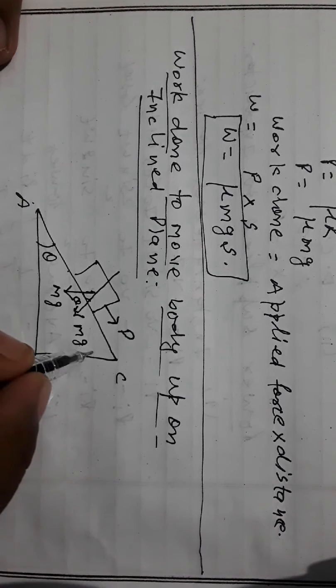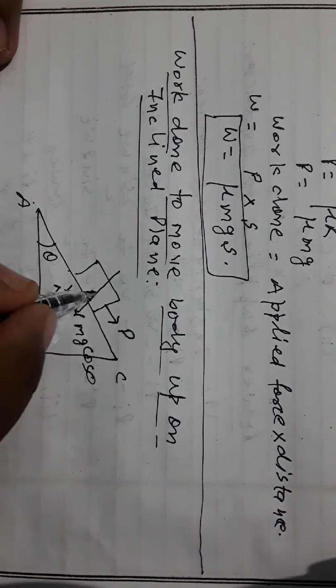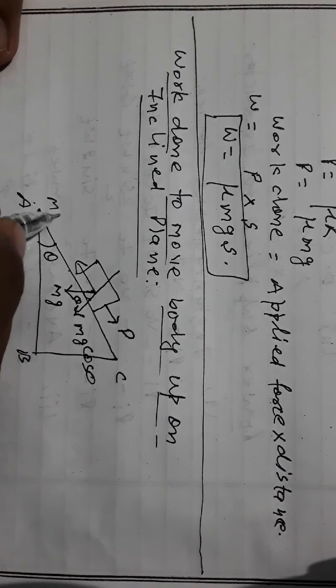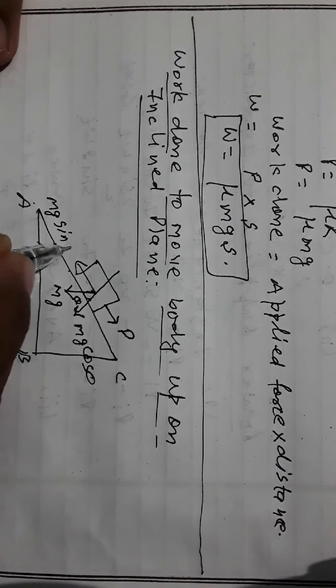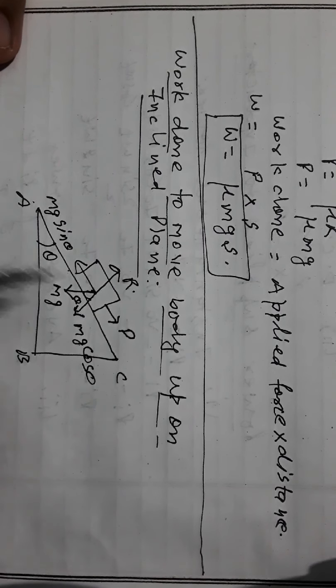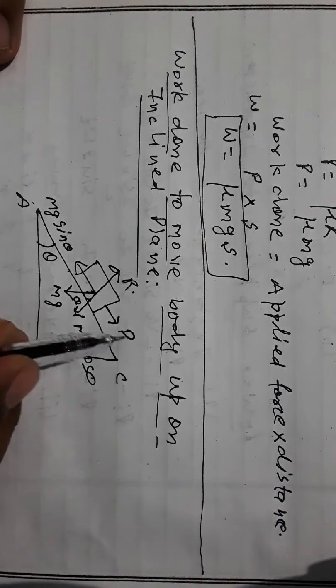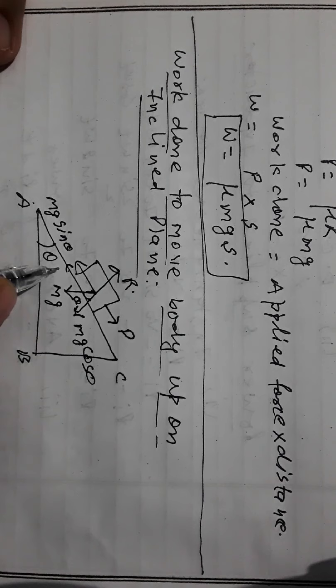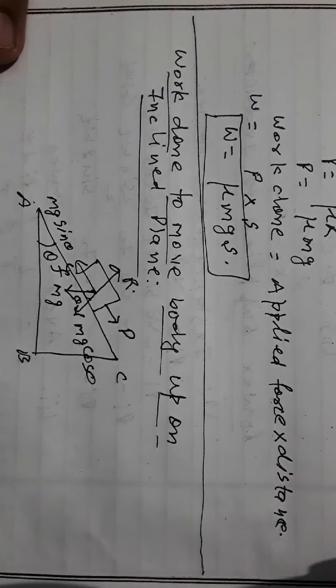Resolve mg into two components: mg cos theta, and second, mg sin theta. This is the normal reaction. If the body is moving upward, then the force of friction is in the opposite direction.